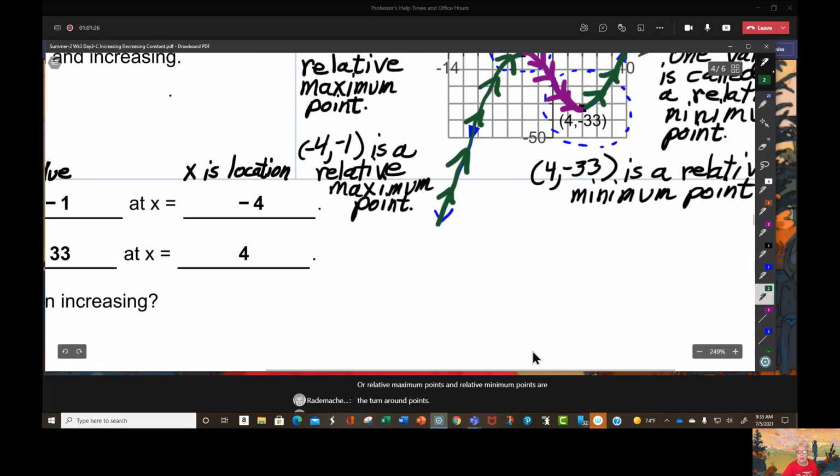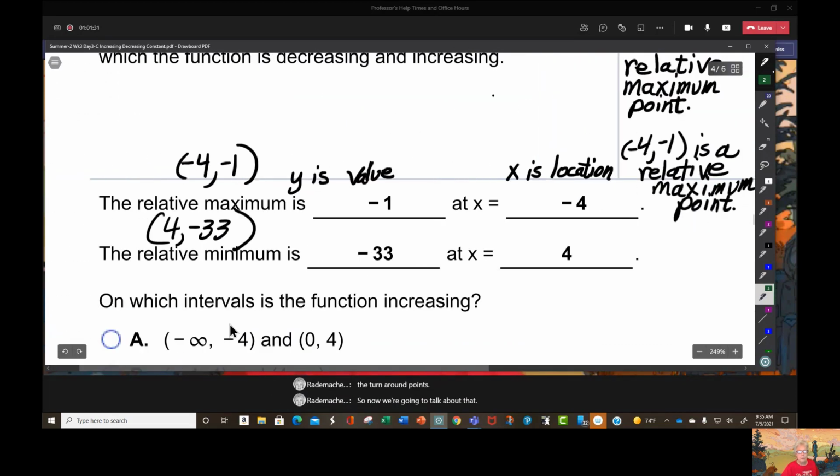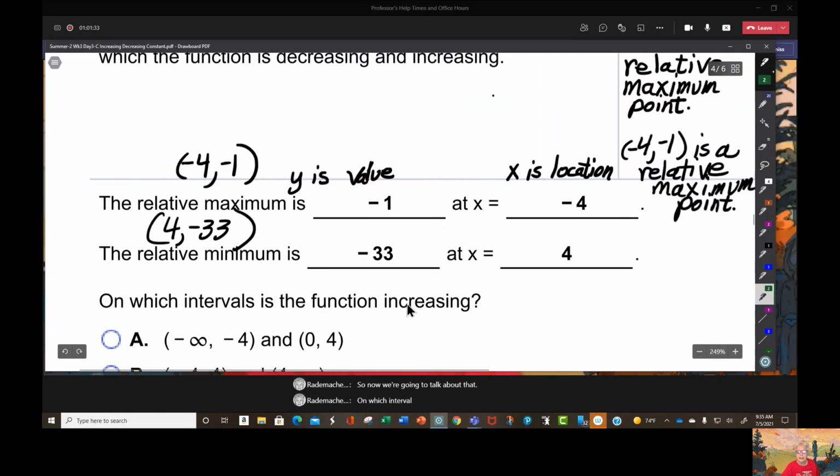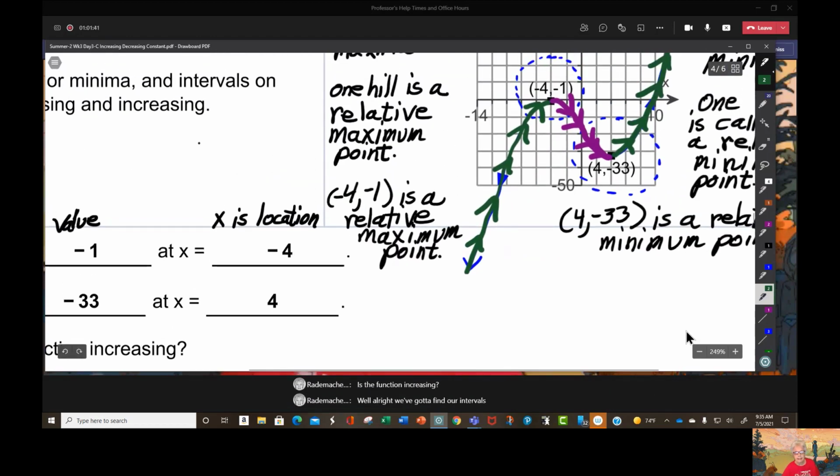So now we're going to talk about that. On which intervals is the function increasing? Well, we've got to find our intervals. They're on the x-axis, remember? So this is negative infinity out here, all the way to -4, the x-coordinate of the relative maximum point.